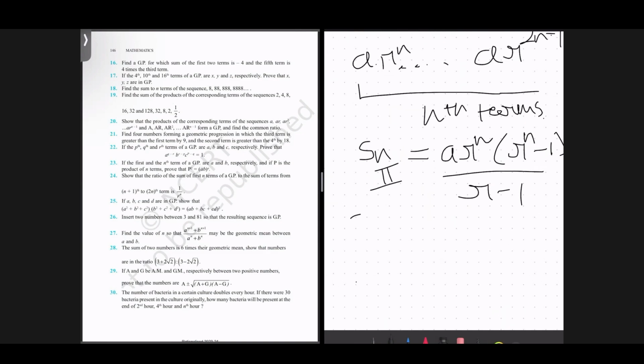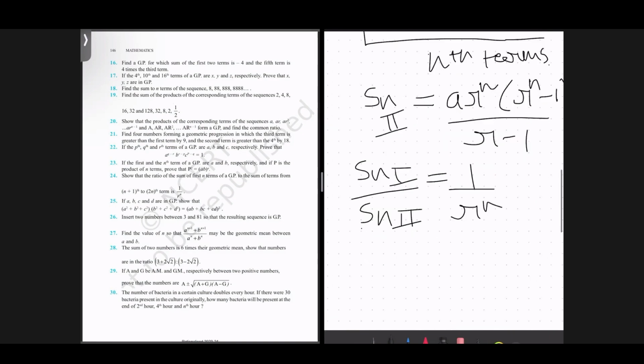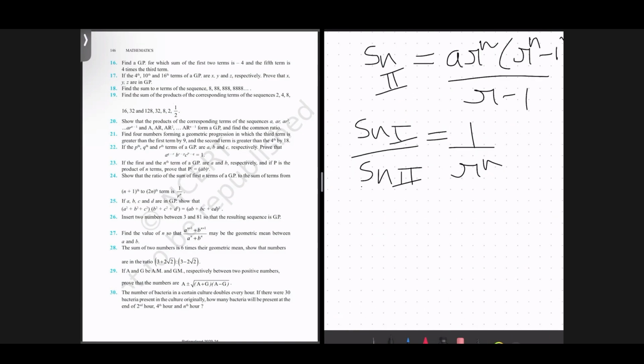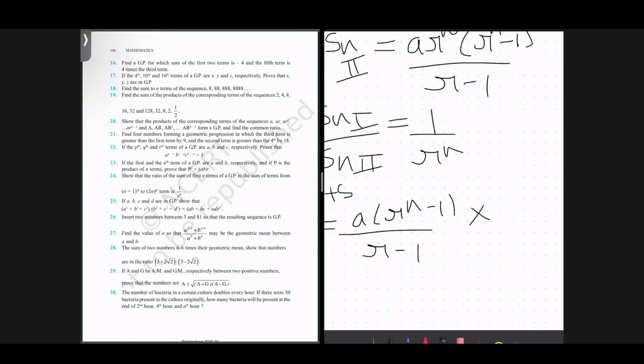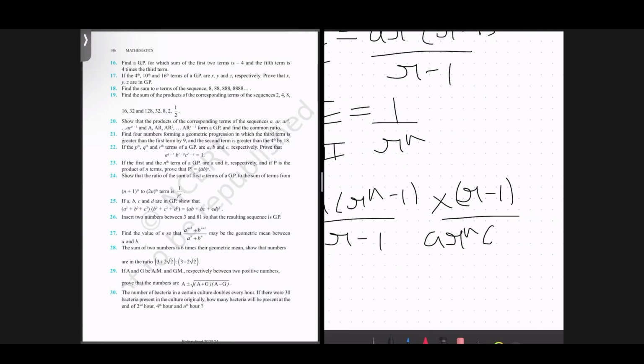We have been asked to prove that Sn1 upon Sn2 is going to be 1 upon r raised to the power n. So let's just divide the first summation by the second summation. In the LHS, you would now have a into r raised to the power n minus 1 upon r minus 1. When you divide it by the second series, it becomes the reciprocal and gets into multiplication. So in the multiplication, you would have r minus 1 here, and here you would have r raised to the power n minus 1.